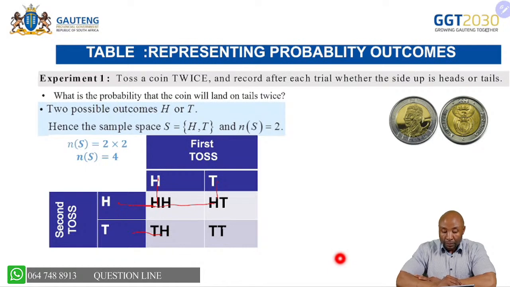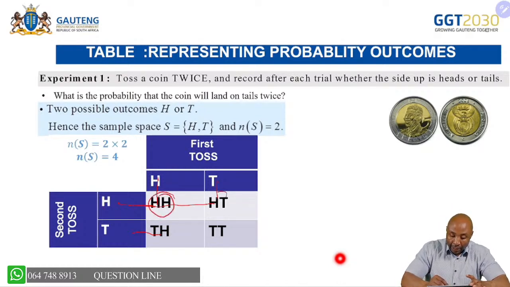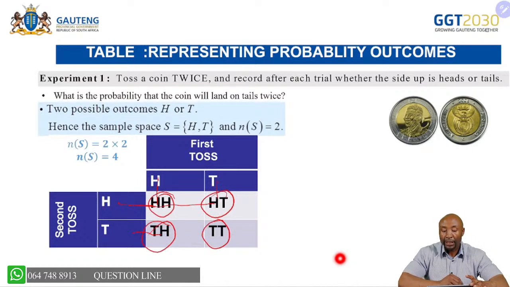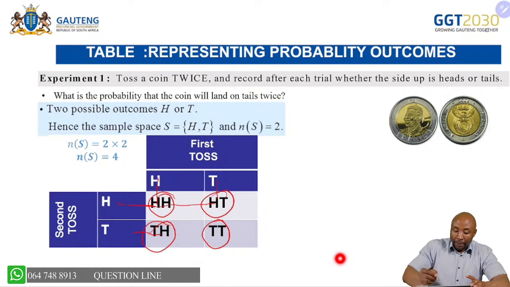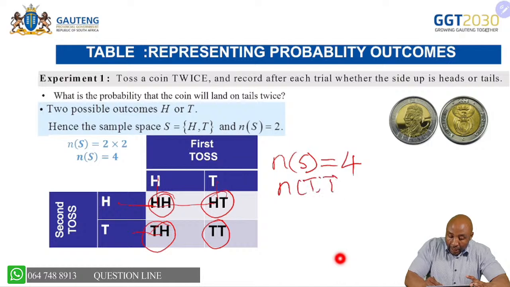Now, from there, I am able to count the number of outcomes from my table. I can have a head and a head, a head and a tail, a tail and a head, and tail and tail. So I'm able to get the number in my sample space. I've indicated there it's 4 because I've got 1, 2, 3, 4 outcomes. The number where I have tails and tails will be 1.